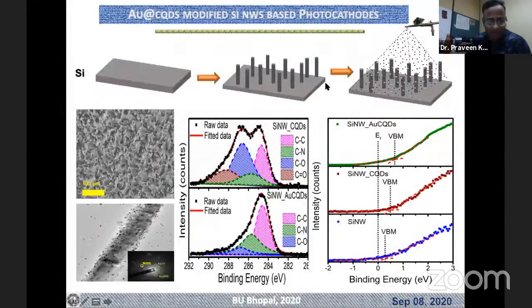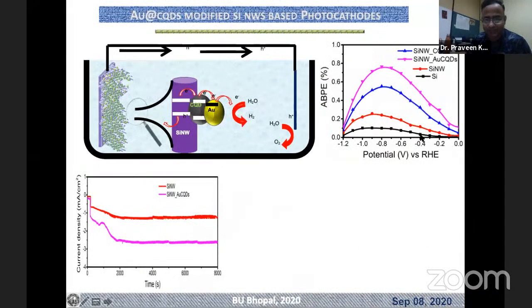We first etched the silicon to increase the surface area and make nanowires, and later we decorated them with carbon quantum dots, synthesized by a green method. Not only the carbon quantum dots, we doped these carbon dots with plasmonic nanostructures like gold or copper, and we were able to achieve very high efficiency.